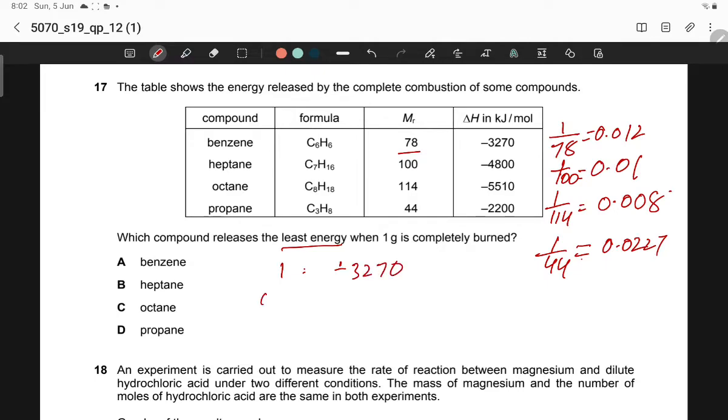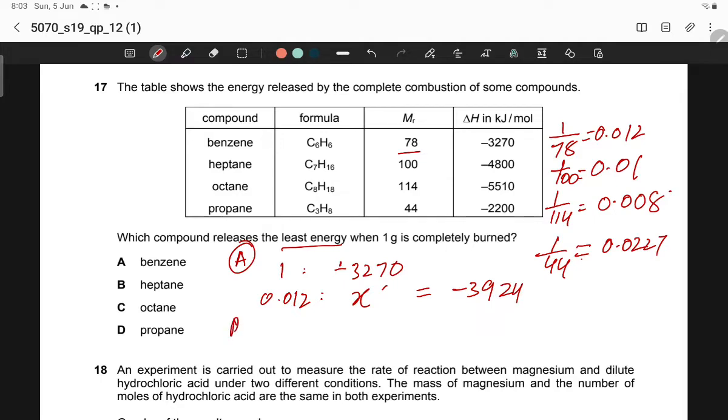Minus 3270, 0.012 ratio. 0.012 into 3270 is equal to minus 3924.